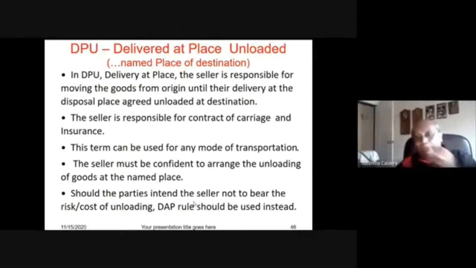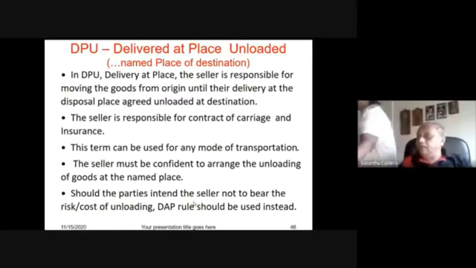Delivered at place, unloaded. Earlier, in any other Incoterms, unloading is not specified. Either it can be done by the buyer or the seller. But here, they have very specifically mentioned that unloading has to be done by the seller. In DPU, the seller is responsible for moving the goods from the origin until delivery at the agreed place, unloaded at destination.